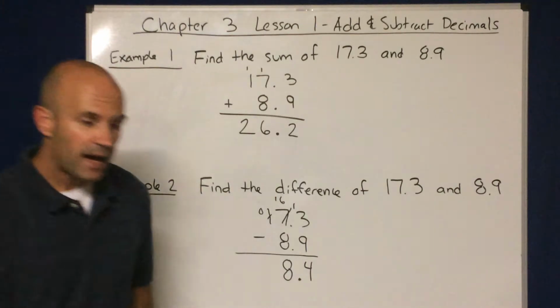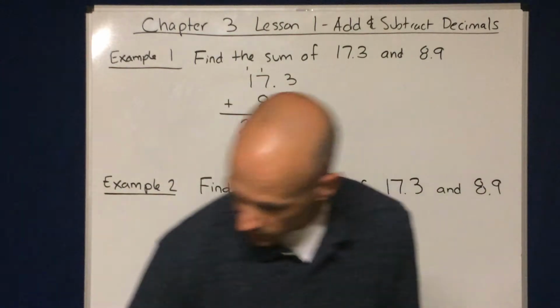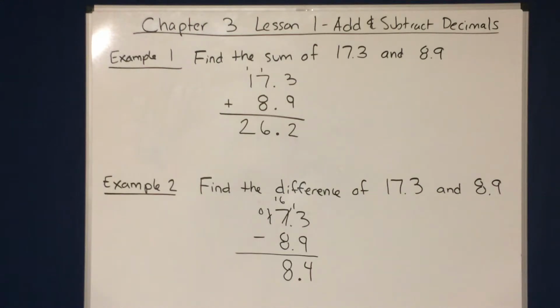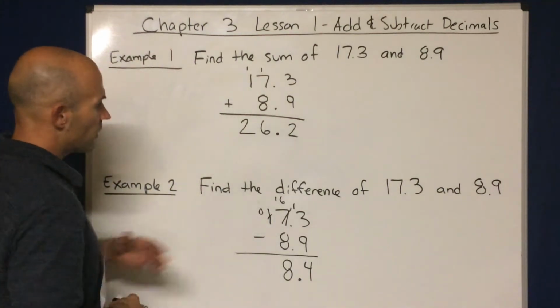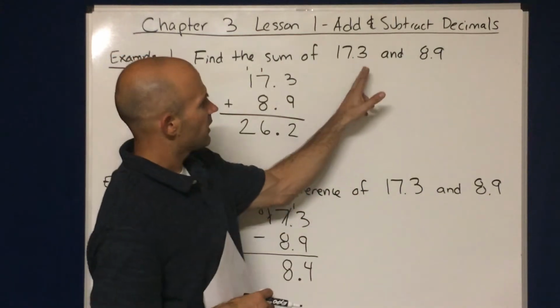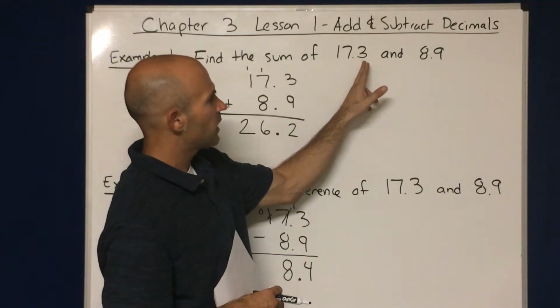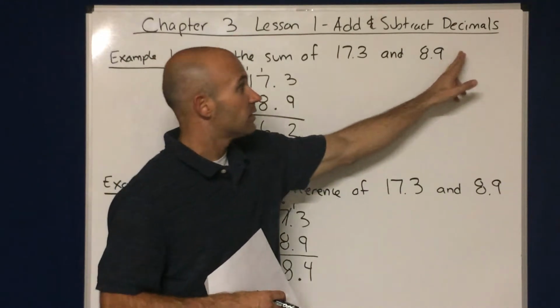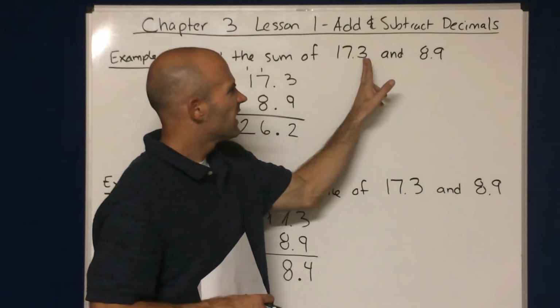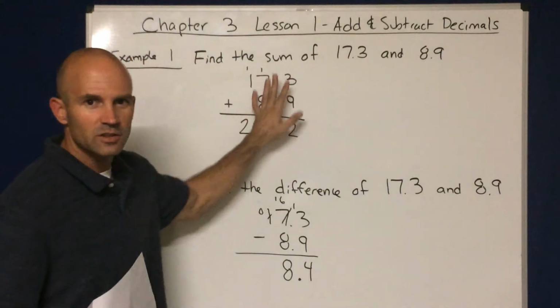So when we're adding and subtracting decimals, it's actually fairly straightforward, but I still want to do a few more examples. In both of the ones I did here, you'll notice that I had one number in the tenths spot and nothing else past the tenths spot. And so that makes it easier because they naturally line up.